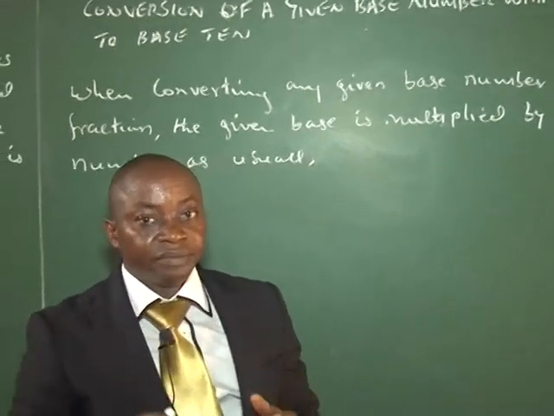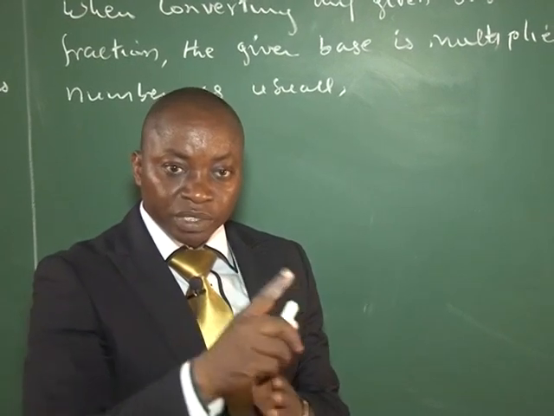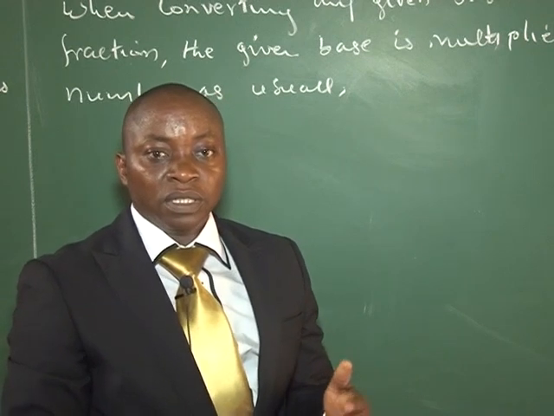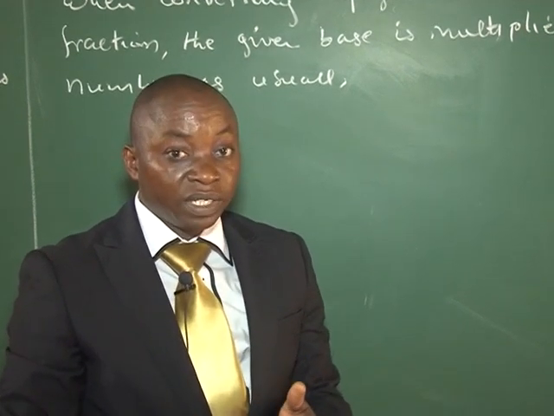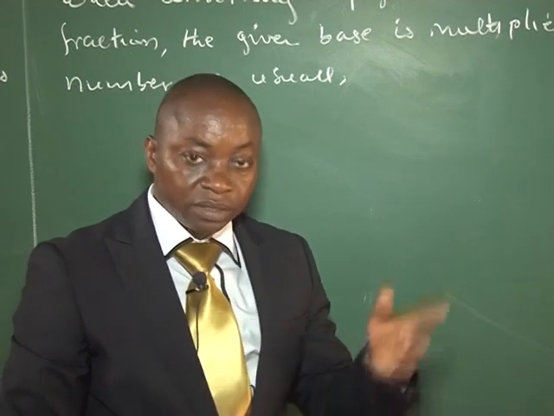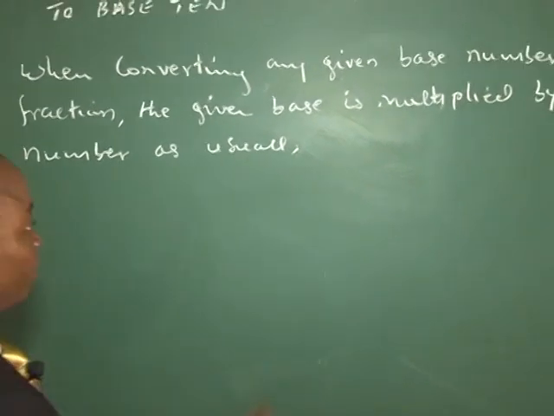When we are given a number and we look at the given base, we use the base to multiply each number. So this is also done when the number contains fractional parts. It is multiplied as usual.